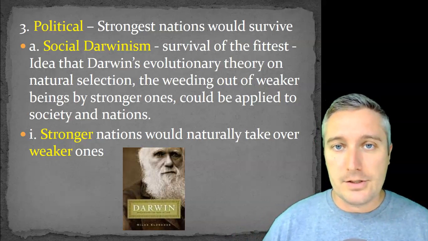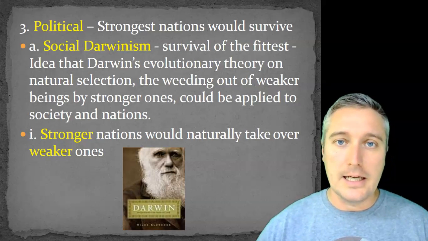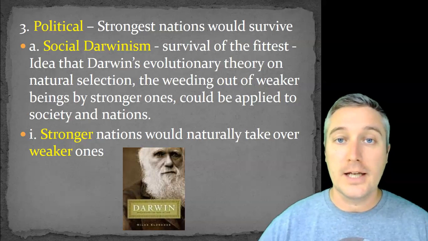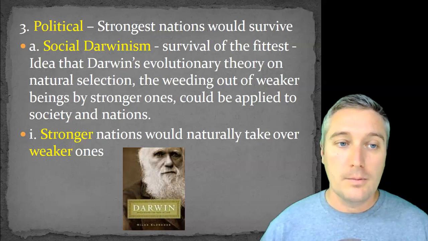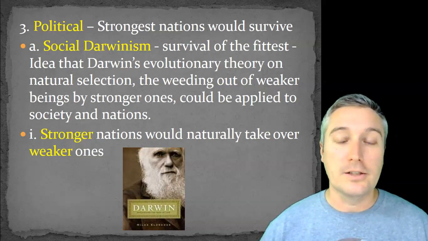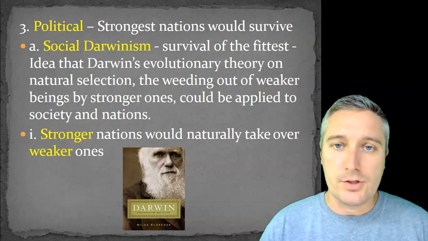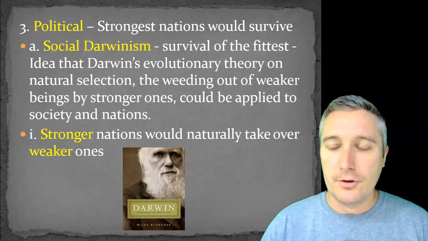People began to apply this to society, saying these same principles exist in society, in the globe. It makes sense that a strong nation like Germany would gobble up a weaker nation, say, for instance, in the future, like Poland.